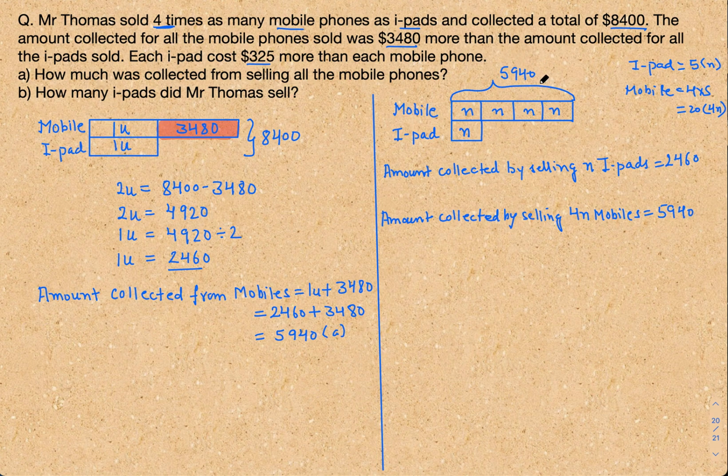So the amount collected by selling n mobiles is 5940 divided by 4, and that will give me 1485.